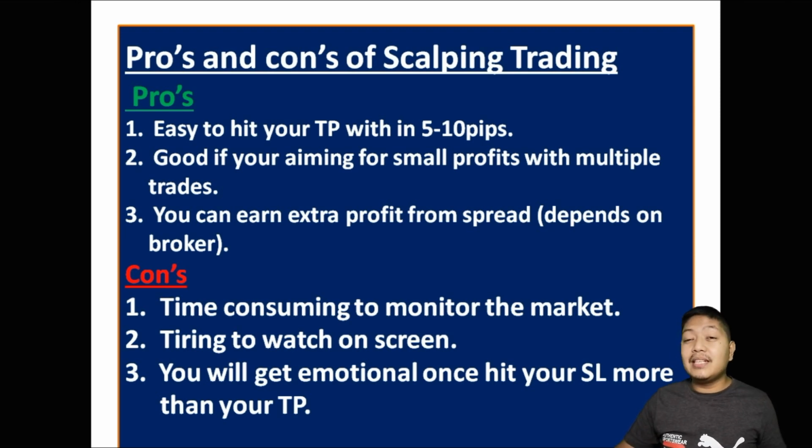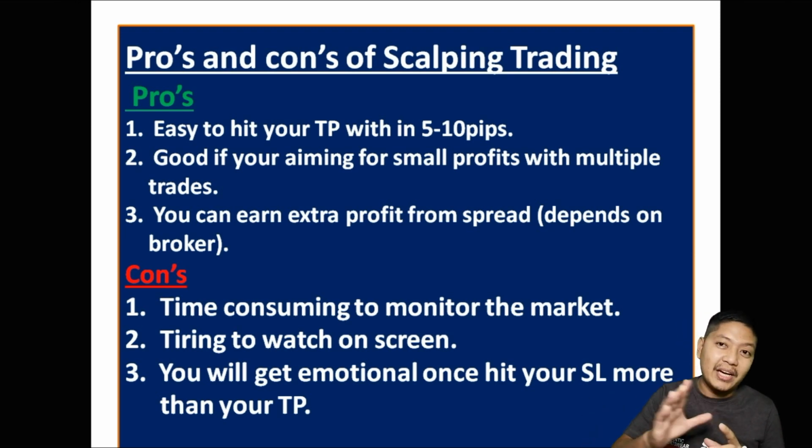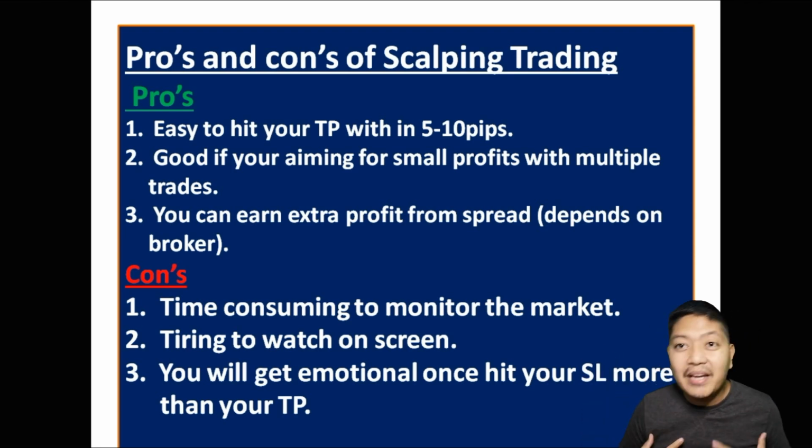Number three is a bad thing for scalping, even for day trading or swing trading: you will get emotional easily once your SL hits and the loss is more than your profit. Sometimes you keep winning, but then one stop loss hits, and that's the pain there.